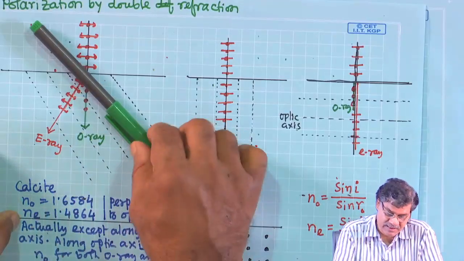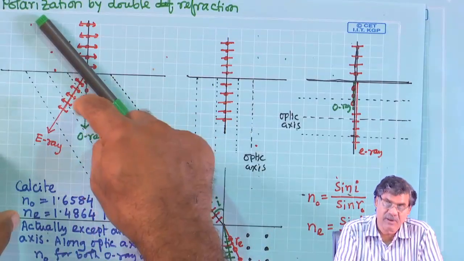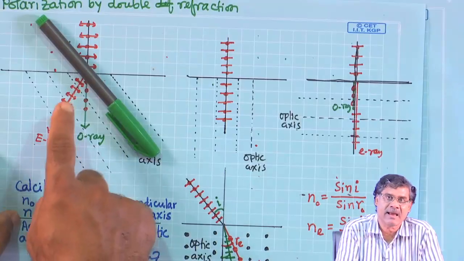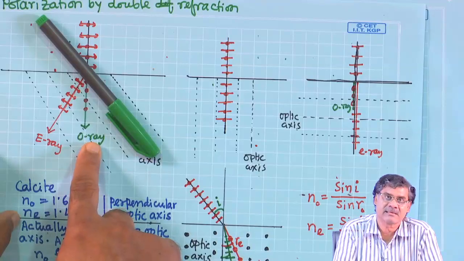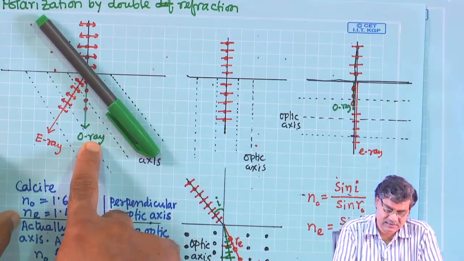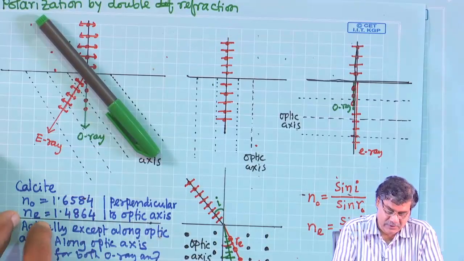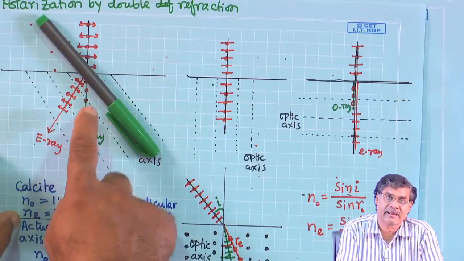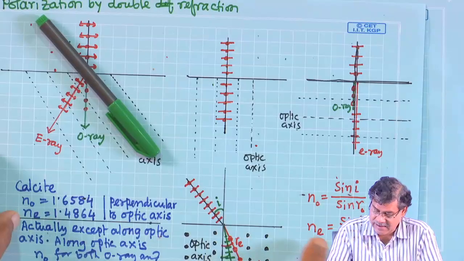Whatever angle the ordinary ray makes in this crystal, the extraordinary ray will make a higher angle, because the refractive index for the O ray is higher than for the E ray. So you will get a higher angle for the E ray.